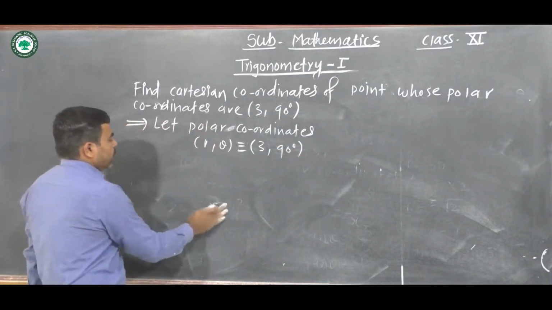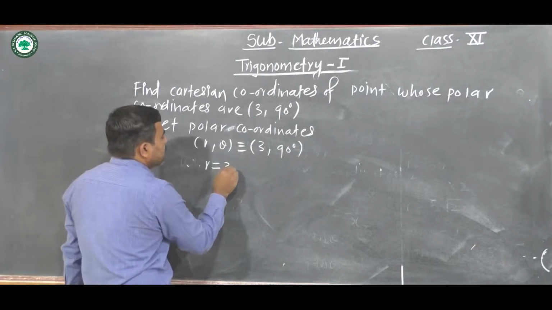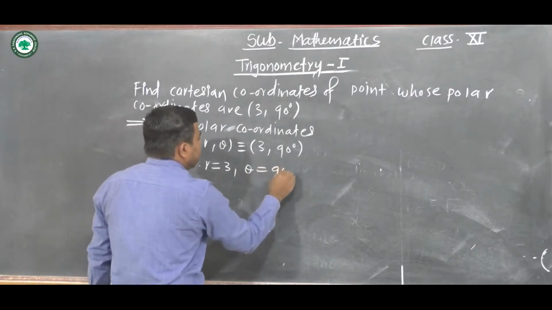So therefore r is equal to 3 and theta is equal to 90 degrees.